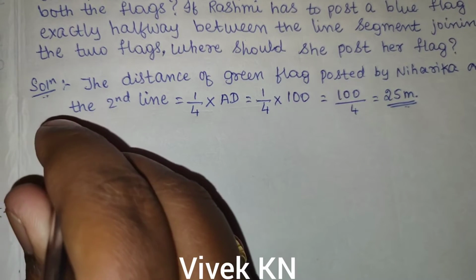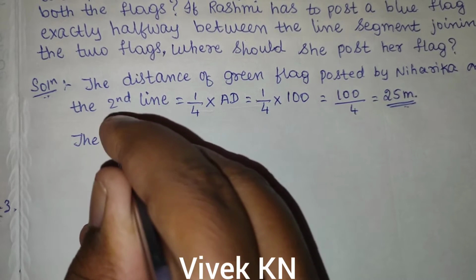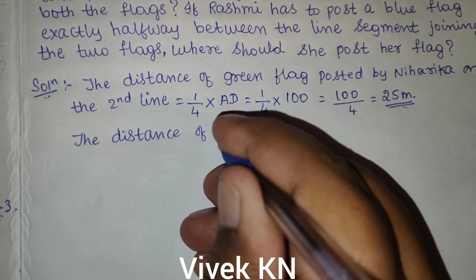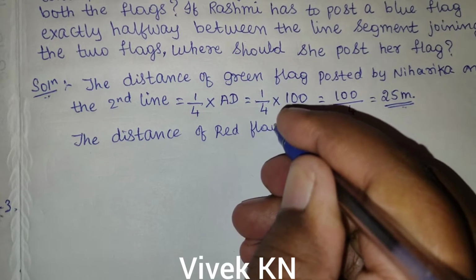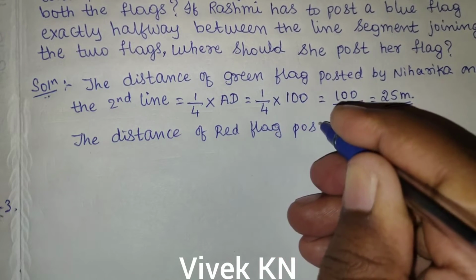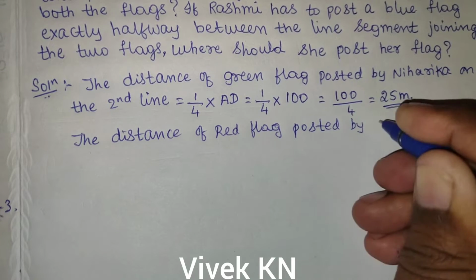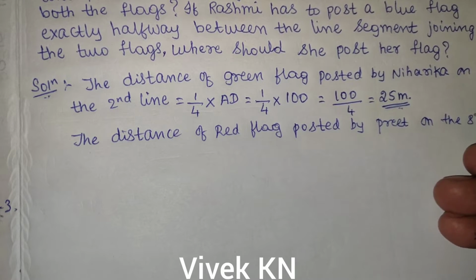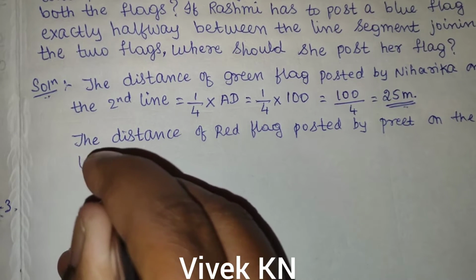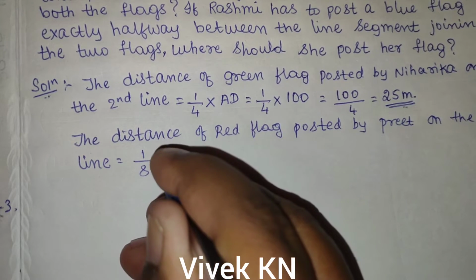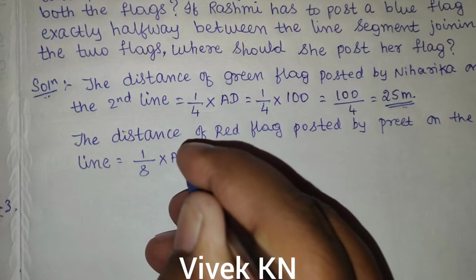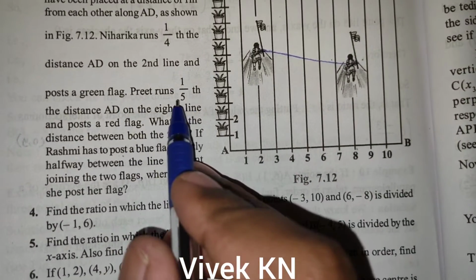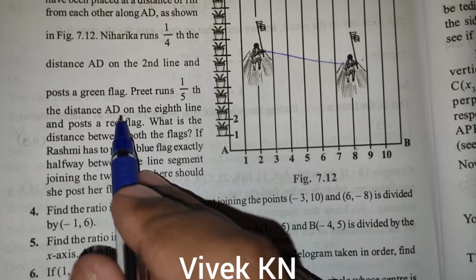Next, the distance of the red flag posted by Preet on the 8th line is given by 1/5 the distance of AD.